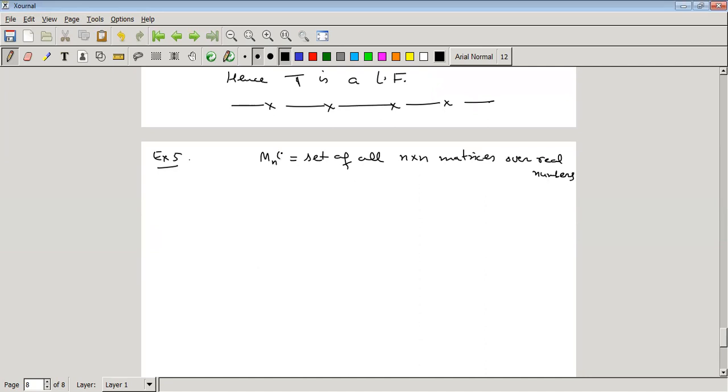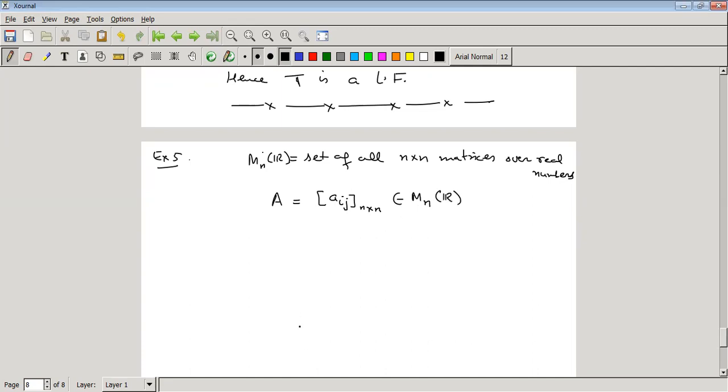So we can define Mn over R. Instead of writing it out, I can write Mn over R, the set of all n cross n matrices over R, and we can take any matrix A, that is A_ij of order n cross n. This belongs to Mn.